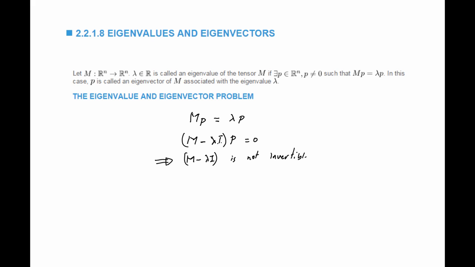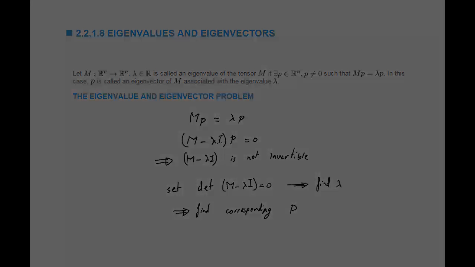The tool that I have for this is the determinant, so set the determinant of M minus lambda I equal to 0, and from here find lambda. After you find lambda, you find the corresponding P.